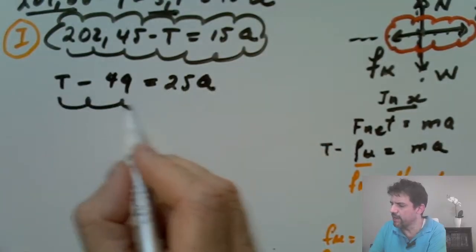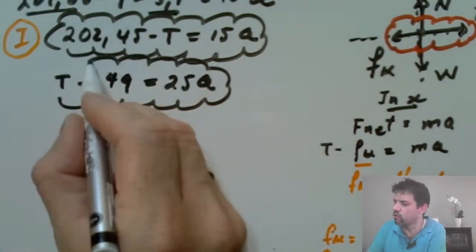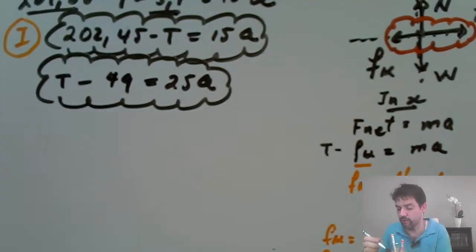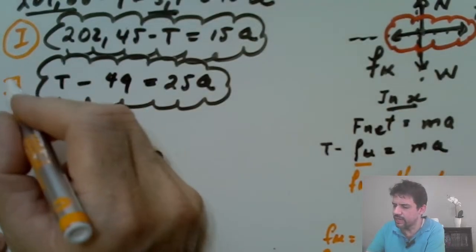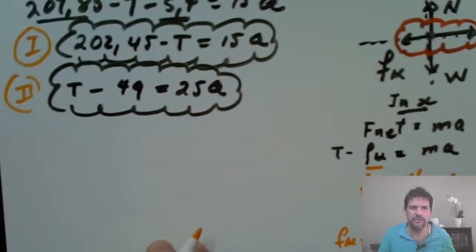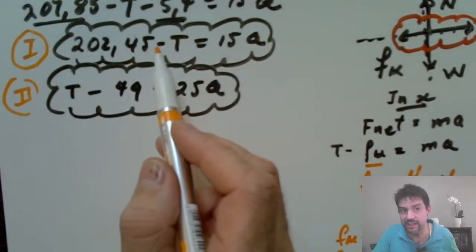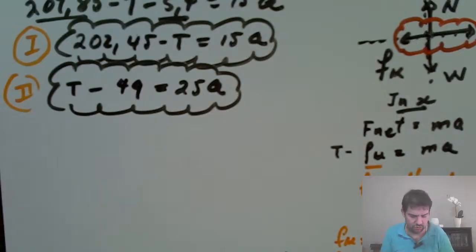Guys, here we cannot go on because we have two unknowns. We are going to call this one equation 2. And then all we have to do is to work simultaneously with these two equations. If you note here, the tensions are the same, so they cancel each other. Otherwise, learners like to substitute. So you can substitute for T if you think it's easier.